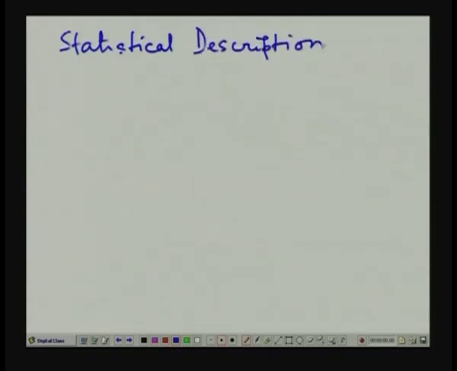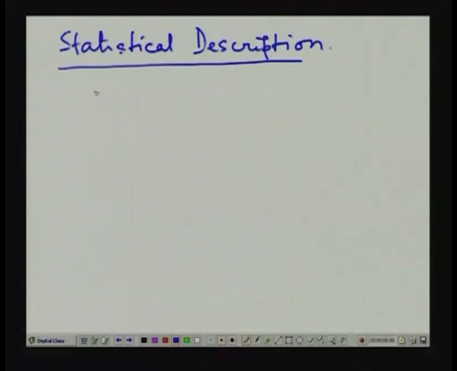So, the simplest form of statistical descriptors are obtained from the gray level histogram of a texture image. And what we do is find the moments of the gray level histogram.